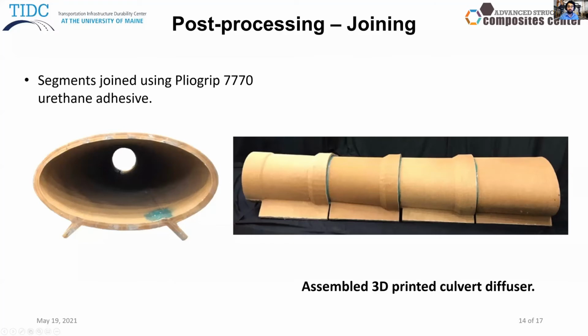The segments were joined with ply-grip 7770 urethane adhesive. The joining surface was lightly sanded and cleaned with isopropyl alcohol. Ply-grip 7770 adhesive, which has a longer curing time compared to other urethane adhesives, was applied to the surfaces and aligned one segment at a time. The joint part was allowed to cure and set.